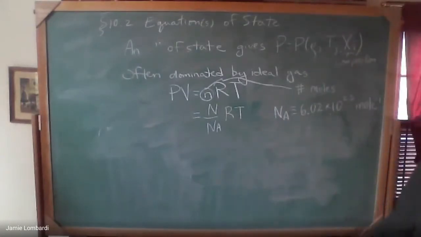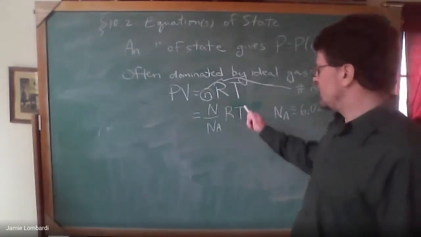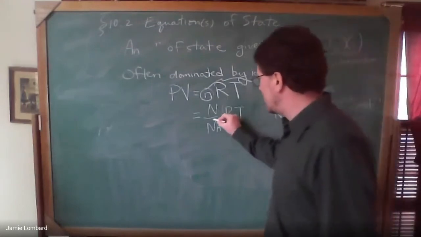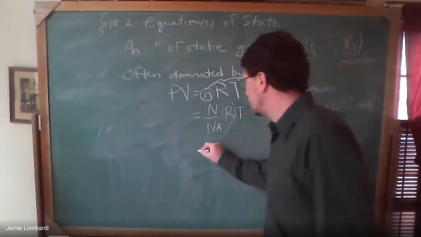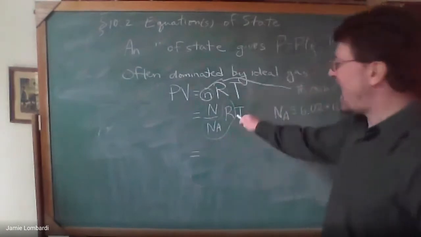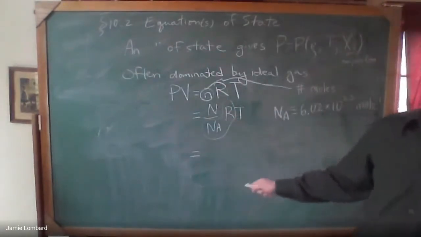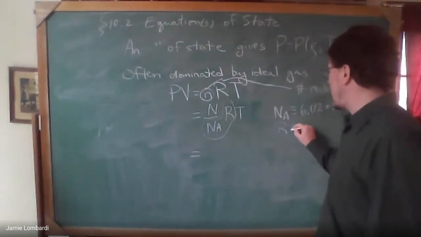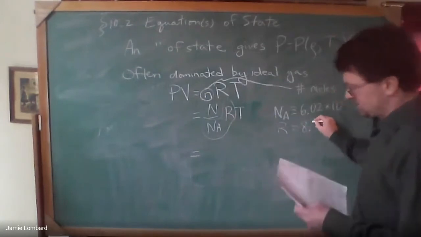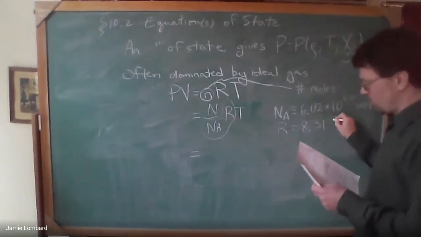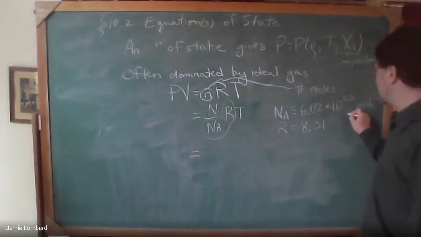And so, fine. The next thing that I'm going to do is redefine the gas constant, capital R. So capital R has some value. It's a constant of nature, 8.31 joules per mole per Kelvin.